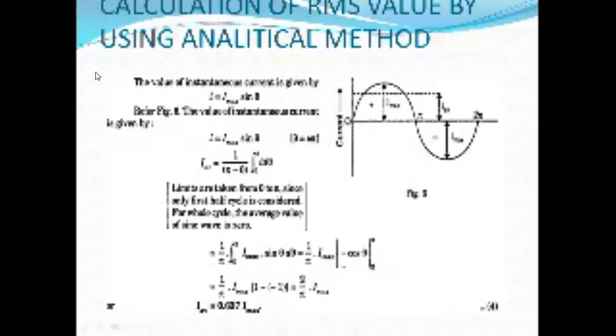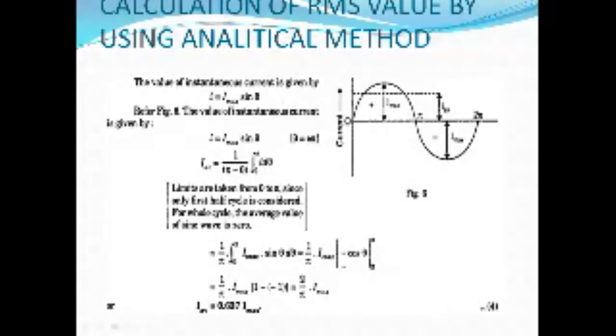Solving for the limits 0 to pi, we get I average is 1 upon pi Im times the bracket, 1 minus (minus 1), so it is 2, and it is 2 upon pi Im. So I average is always 0.637 Im. You remember, I average is always 0.637 Im.